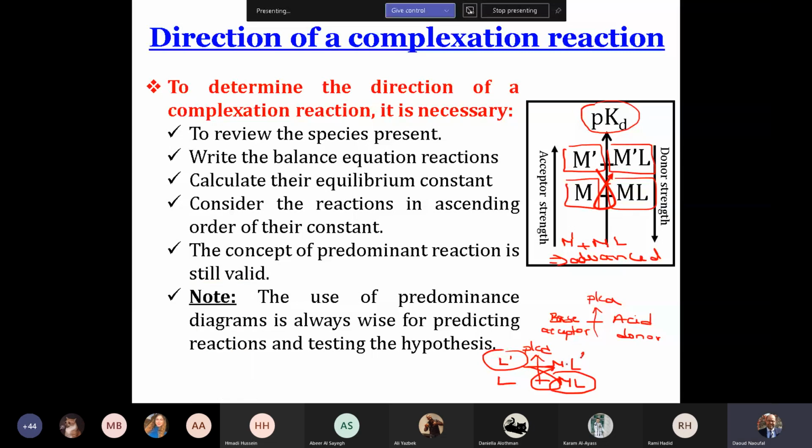This is ML prime. And in the second, we have L, this is ML. So the reaction between L prime and ML is advanced since it's in the direction of gamma. The reaction between ML prime and L is limited since it's in the direction anti-gamma.